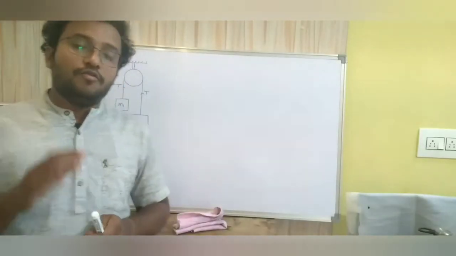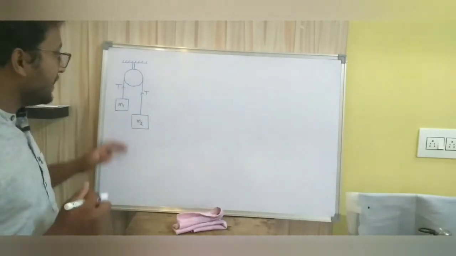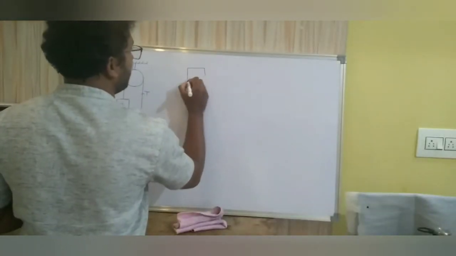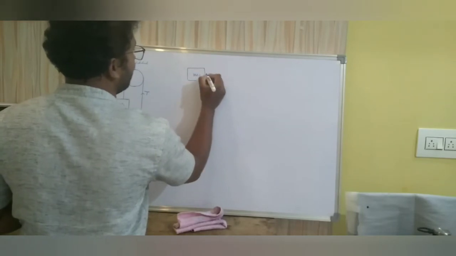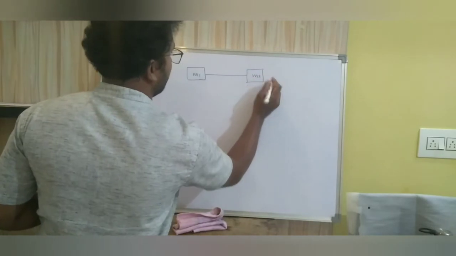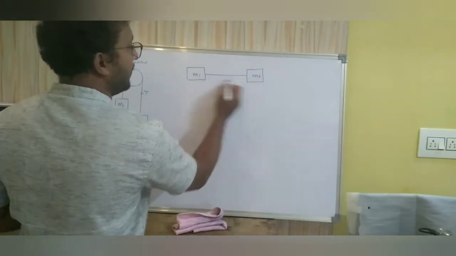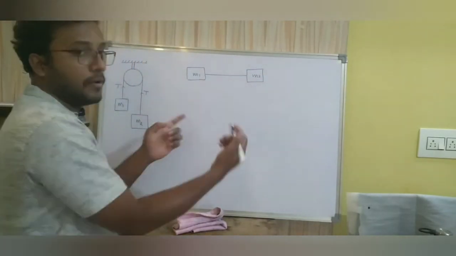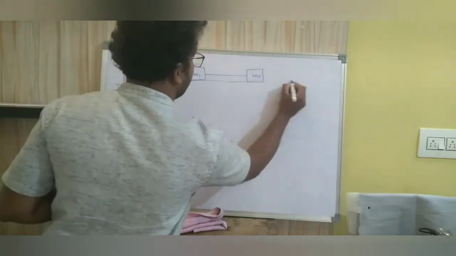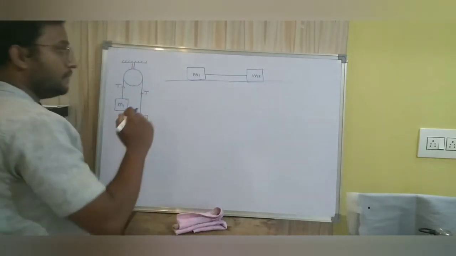For that you can imagine the system in a different way. Assume these two blocks, block m1 and block m2, and this is the string connecting both blocks, and the whole system is resting on a horizontal smooth surface.